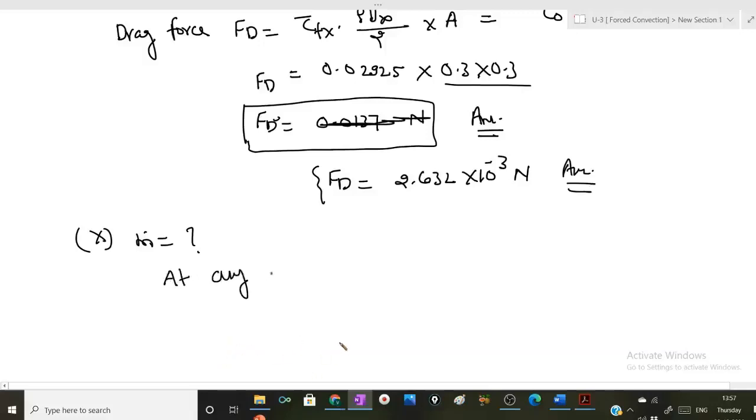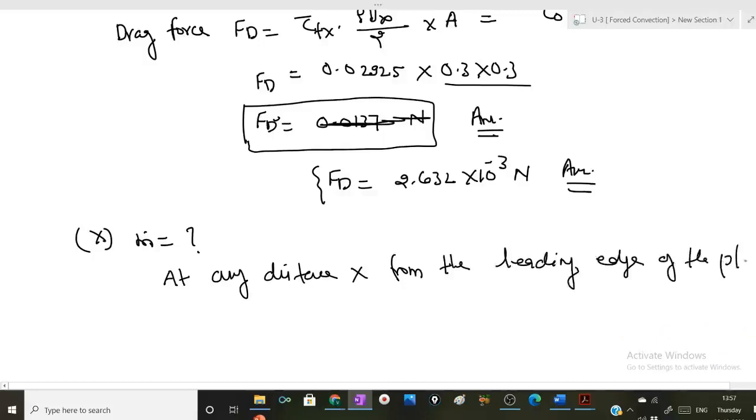At any distance x from the leading edge of the plate, mass flow rate is given by 5 by 8 rho into u infinity into delta hx. Now you have to remember this formula. This is not given in the data book.